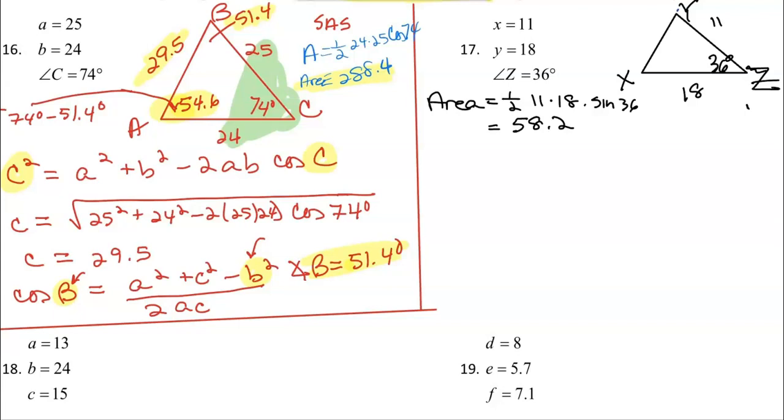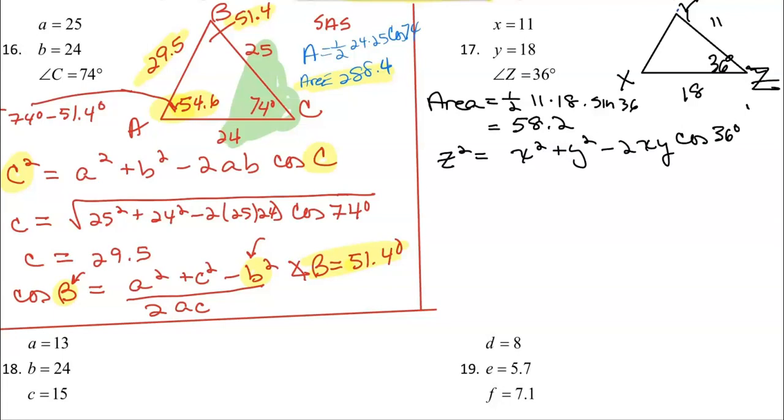So I don't have a pairing, so I have to use law of cosines. First thing I'm going to do is find z. To find z, I'm going to say that z squared equals x squared plus y squared minus 2xy cosine of 36 degrees.